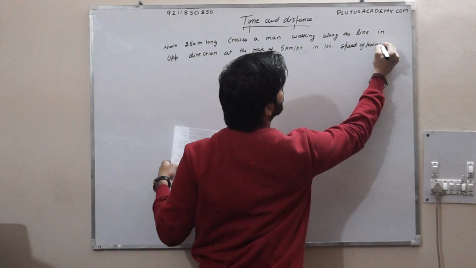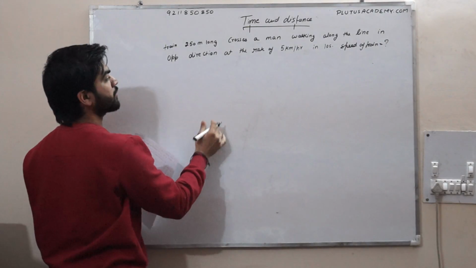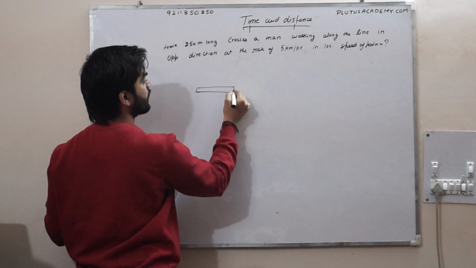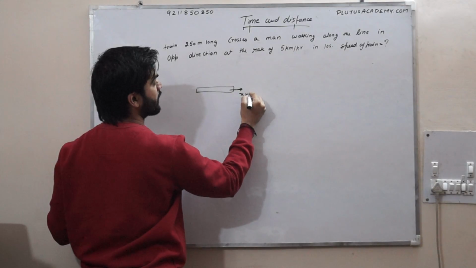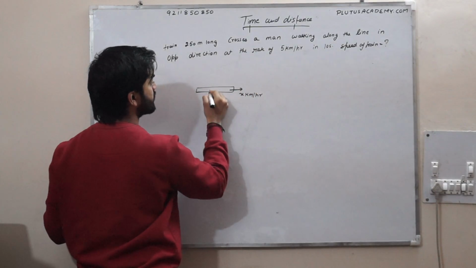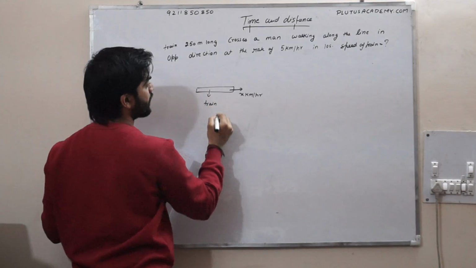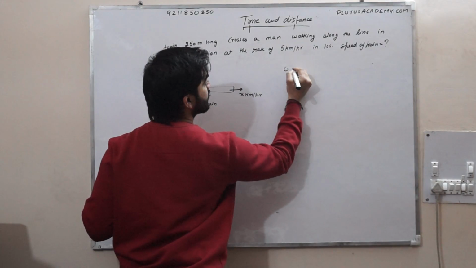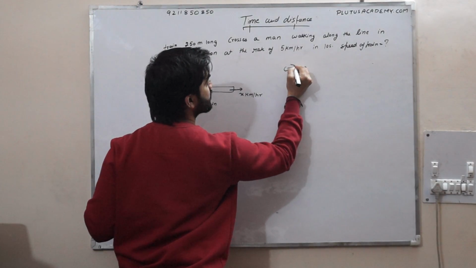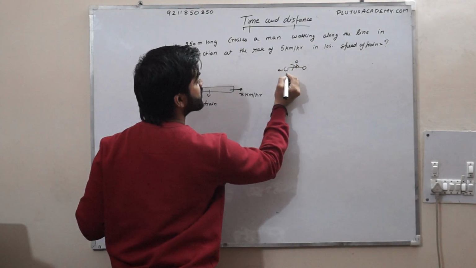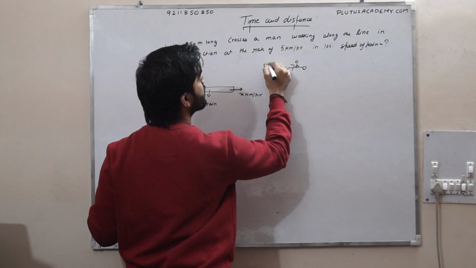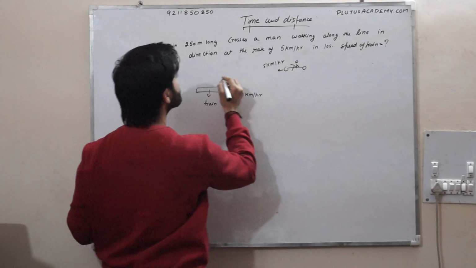तो देखिए हम क्या कर सकते हैं इस टाइप के क्वेश्चन. मान लीजिए ये ट्रेन है. This is the speed x km per hour. This is train. मान लीजिए साइक्लिस्ट है, दिस इज साइक्लिस्ट. इफ साइक्लिस्ट इज मूविंग with 5 km per hour. In question what is mentioned?